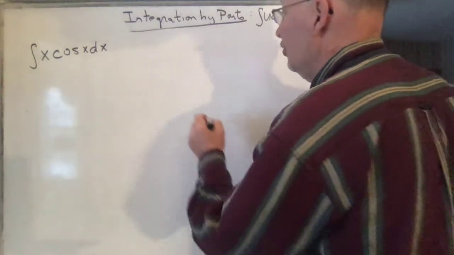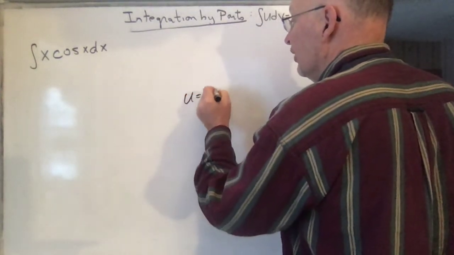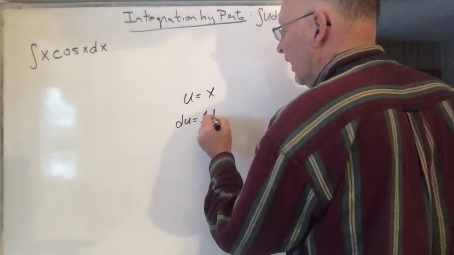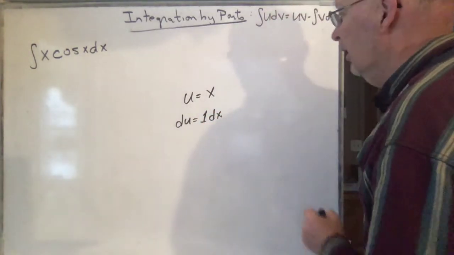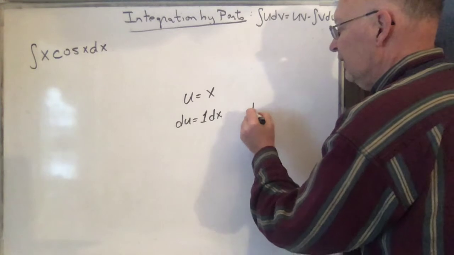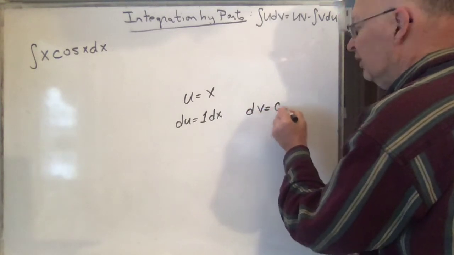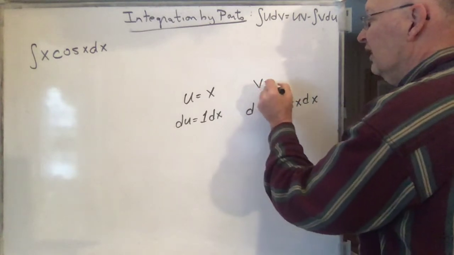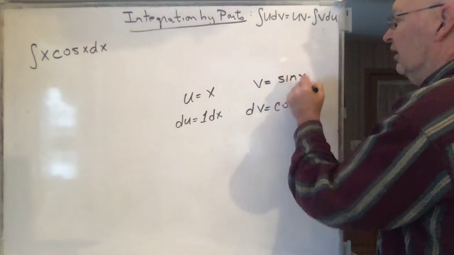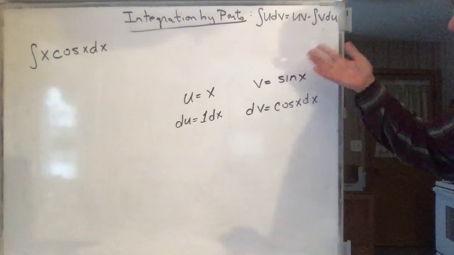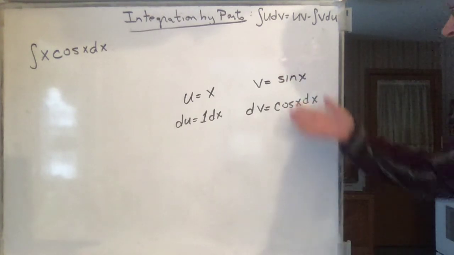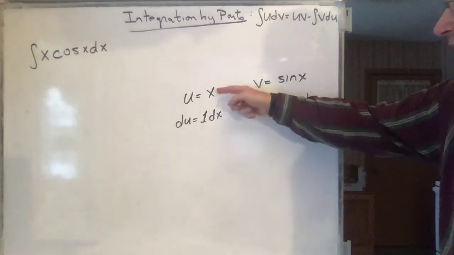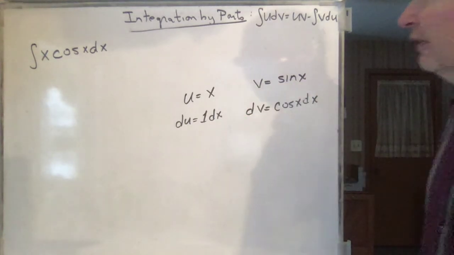By letting my u be equal to x, then du is equal to 1 dx, so I've made that one simpler, whereas the dv is going to be cosine of x dx, and so v is equal to sine of x. Agreed, sine and cosine, one is no worse or better than the other, so I haven't made anything worse by going from here to here, but I have made things better from going from there to there.